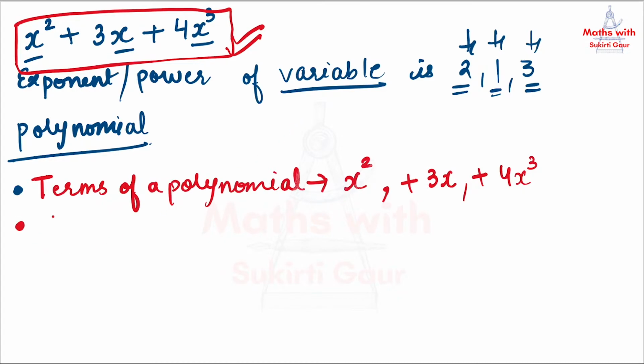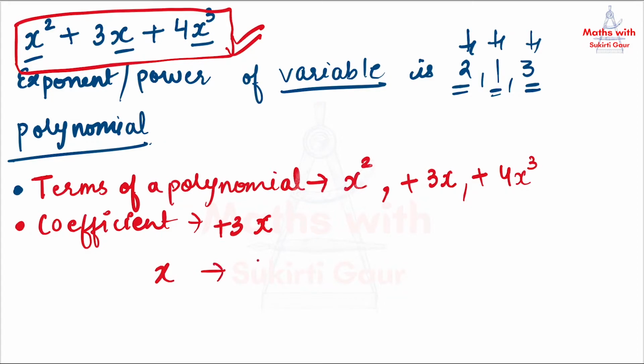Here in this algebraic expression, every term has a coefficient. So what do we mean by coefficient? If I write the second term as plus 3x, then the coefficient of x will be plus 3, meaning the number attached to it by multiplication is its coefficient.